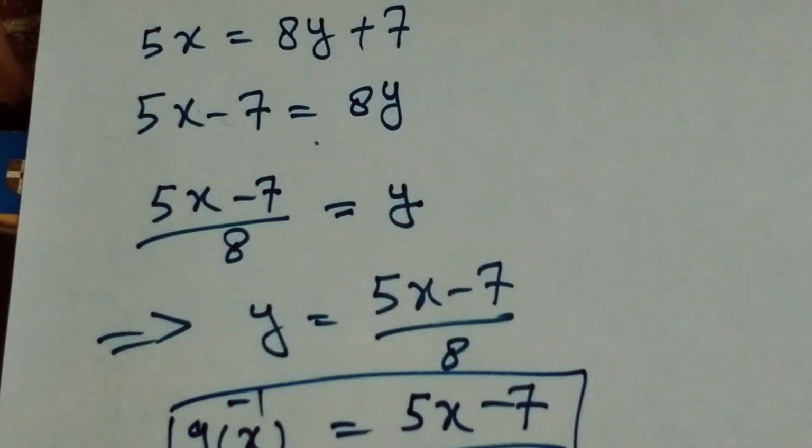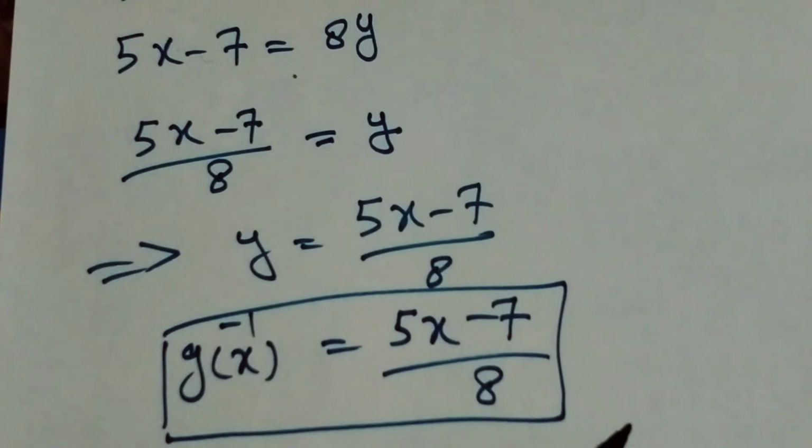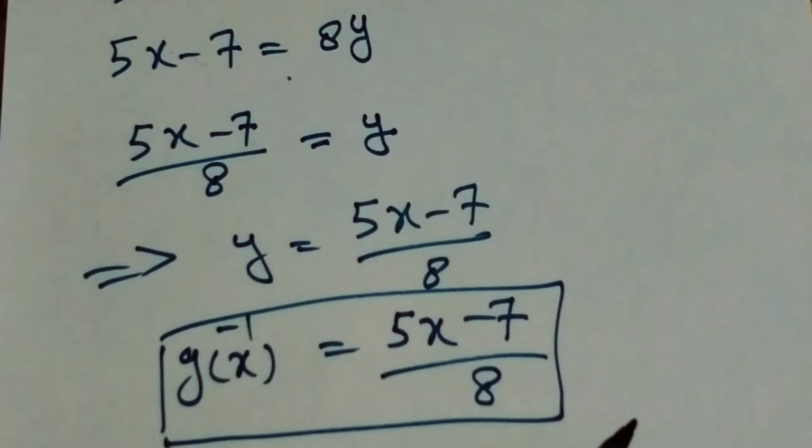This is the inverse formula, this is the inverse function of the given function. Understand, my dear? Hope you understand this thing. If you want me to solve one more question, I can solve one more question for you to understand clearly. Let's see one more example.